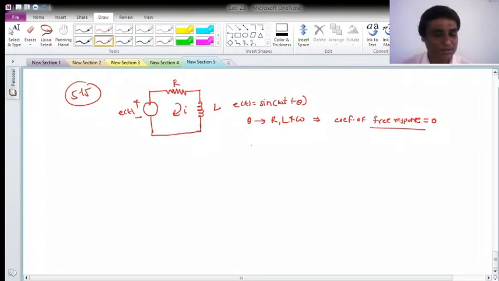Okay, so for the first part we have to solve for I of t. Now already we have solved it, so let me directly write I of t, the form which we obtained in the last classes.